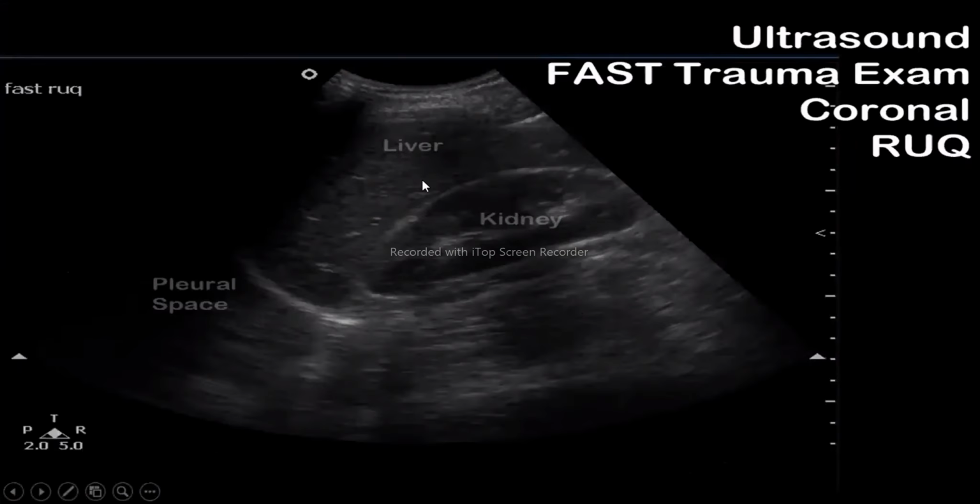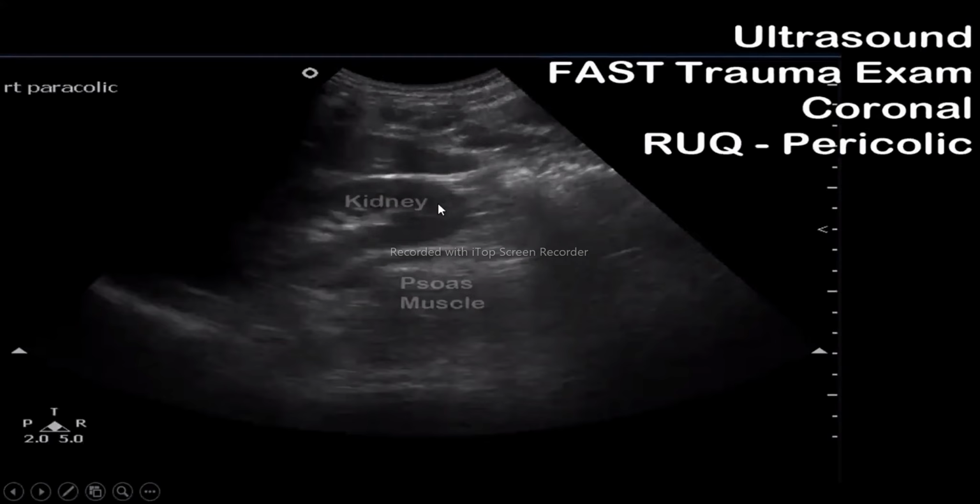Is this normal or abnormal? It's normal. If you find the border like that, it's normal. But if you find fluid here, I cannot see fluid. The membrane is always shiny like that, very white. So it's normal.